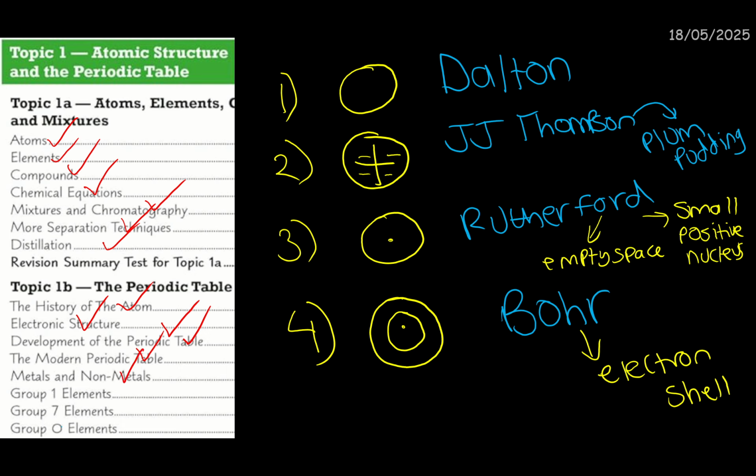We need to have a look at group 1, group 7, and group 0. So let's have a look at these. So group 1 has one outer electron. So let's just take lithium, for example.